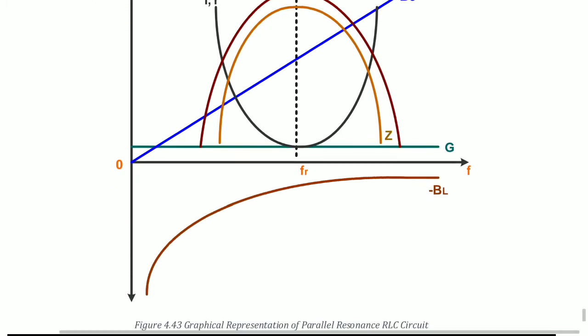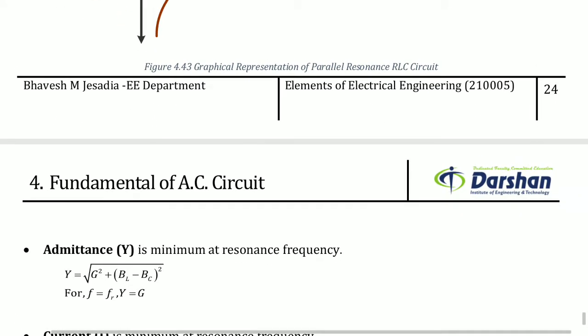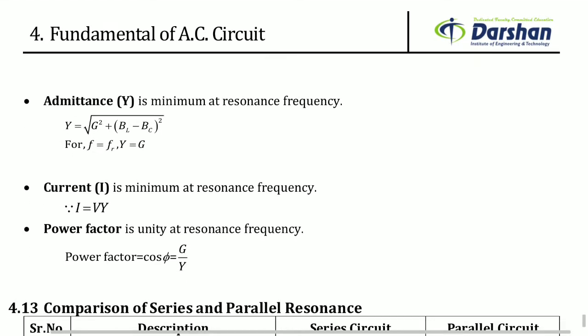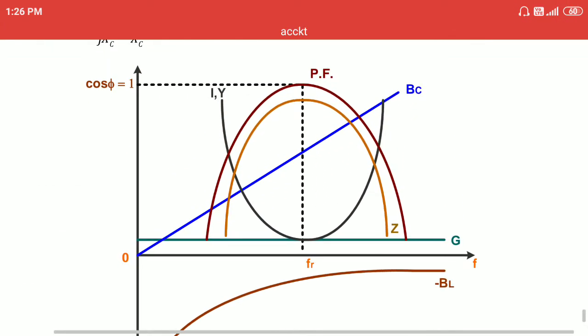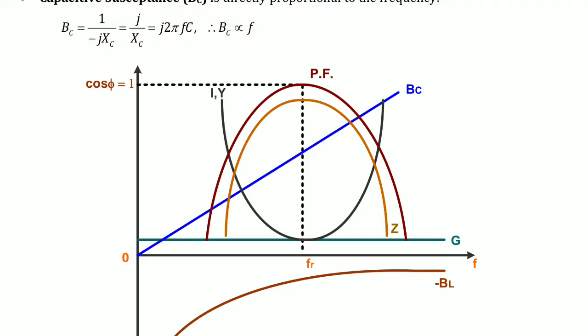Now go for the other one, admittance. Y is nothing but admittance. It is minimum at resonance frequency. It can be written as Y is equal to under root of G square plus BL minus BC whole square. In theory, if the frequency increases, the admittance is decreasing, but in actual practice, as the frequency increases, the impedance is increasing up to resonance frequency, and the admittance is decreasing up to resonance frequency.